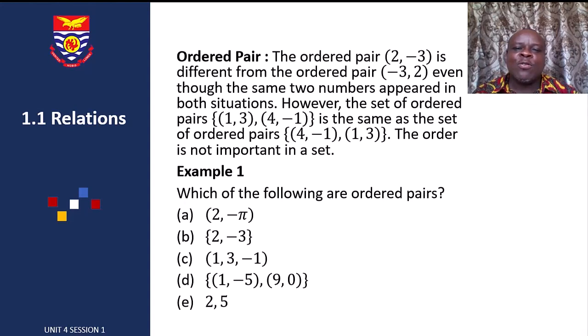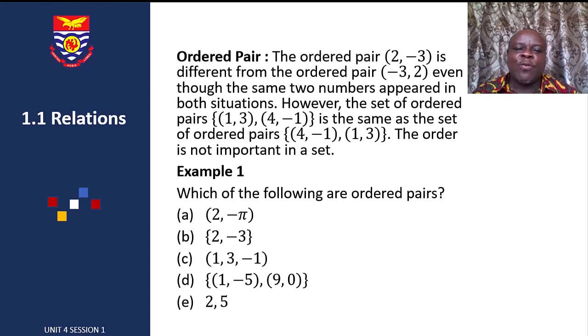You can conclude that these two sets are the same, since they are made up of the same kind and the same number of ordered pairs. So for a set, the order of arrangement of the ordered pairs is not important. But when you consider an ordered pair, the order of arrangement of the entries in the ordered pair is very important.